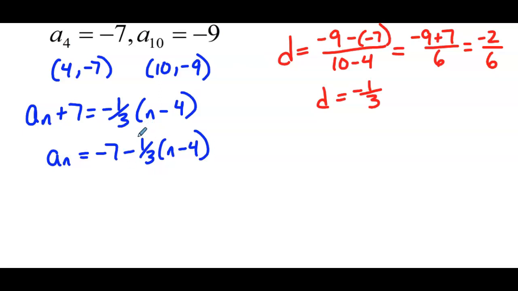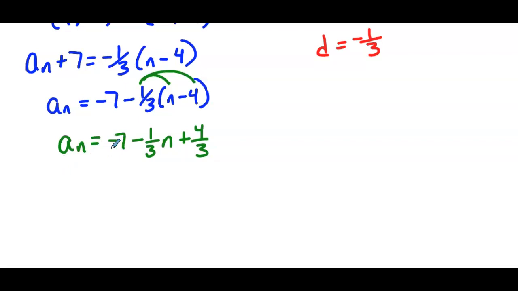So what we could do is take this negative 1/3 and distribute it in. So a sub n equals negative 7 minus 1/3 n plus 4/3. So that means, let's see, negative 7 can be written as negative 21 over 3.